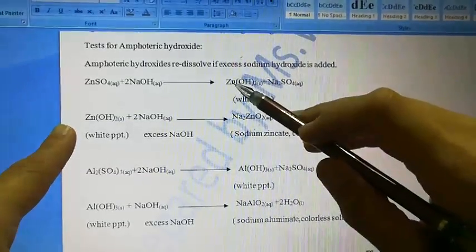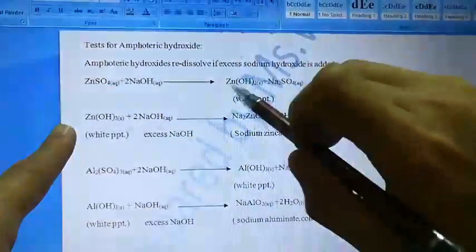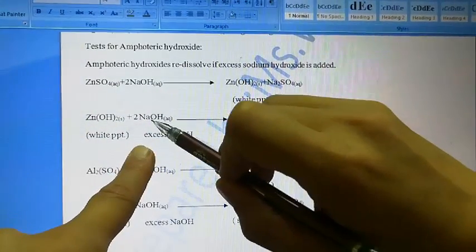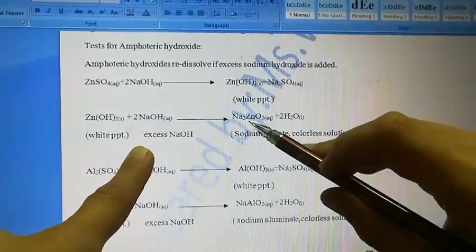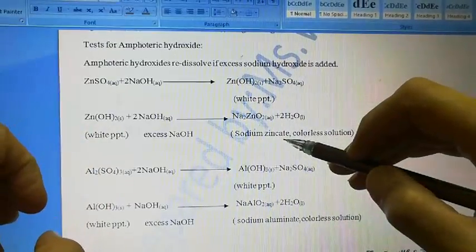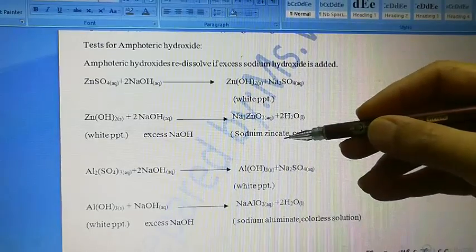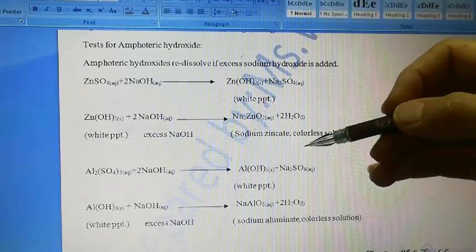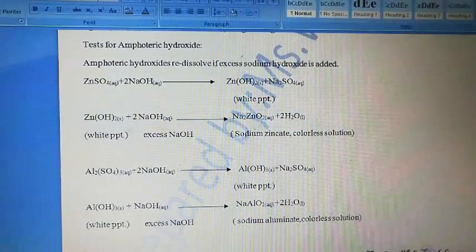This zinc hydroxide, move it here, and react it with an excess, what? Excess base. You will get a salt, its name is sodium zincate, which is a colorless solution. Why is it a colorless solution? Because we are adding an excess base. If we add a limited amount of base, we will get a solid one.